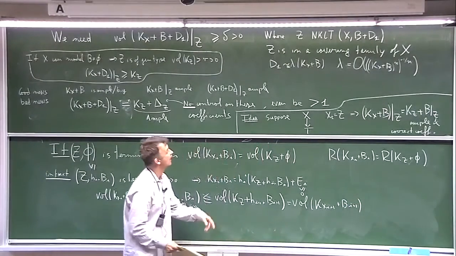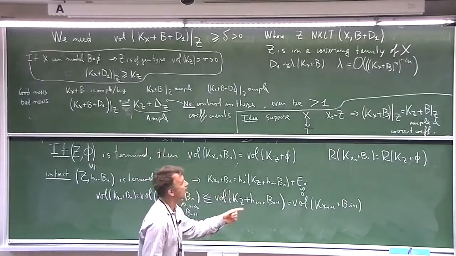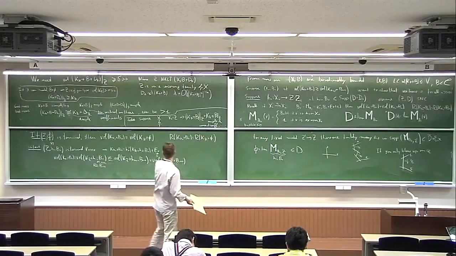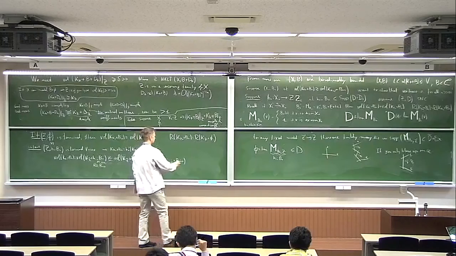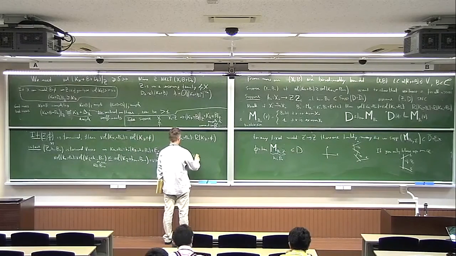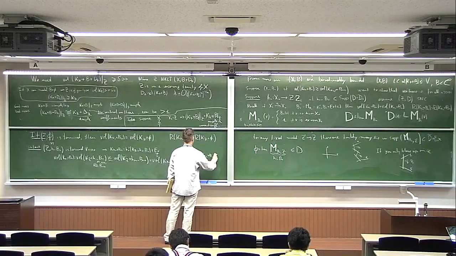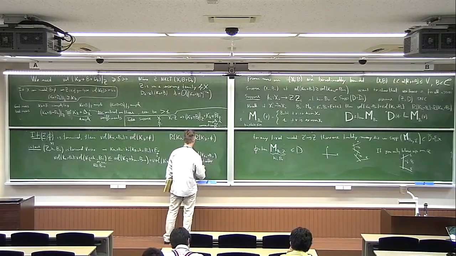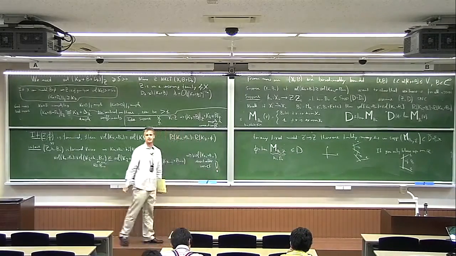But I had assumed that the volumes were non-increasing, and now I have the volumes are non-decreasing, so this means that the volumes are the same. Volume of K_{X_i} plus B_i is eventually constant. And I'm happy.